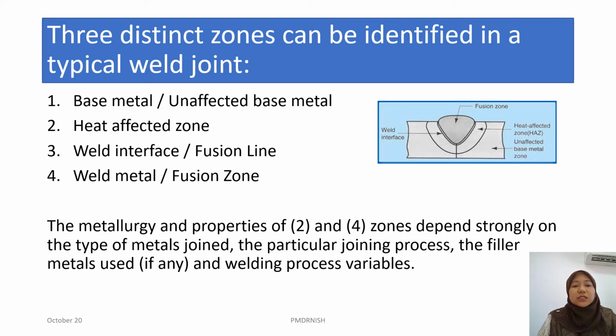So, the metallurgical properties of zones 2 and 4 depend strongly on the type of metal joints, the joining process, the filler metal if it is used, and the welding process variables such as the power, the speed, and whatnot.